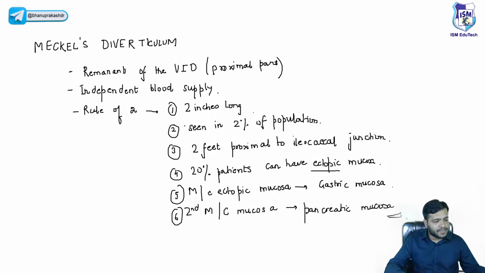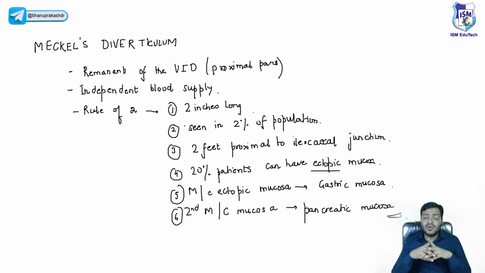Initially, guys, Meckel's has no such complaints, but it is an incidental finding. Now, if it is an incidental finding, what is actually to be done if, while doing some other surgery, you recognize that there is a Meckel's diverticulum?